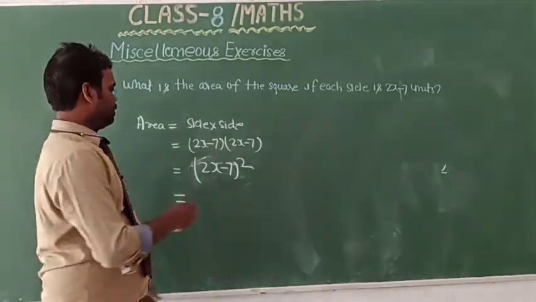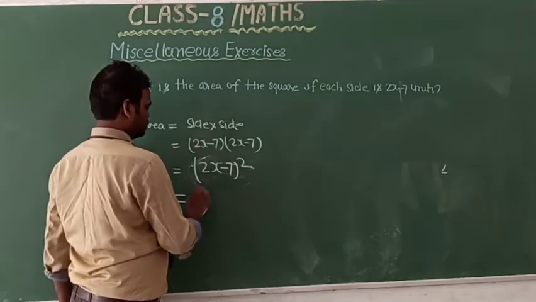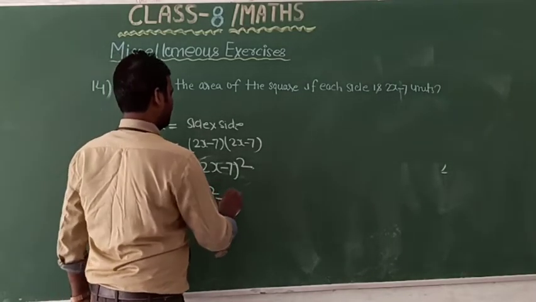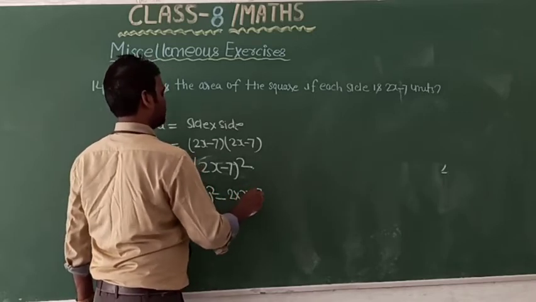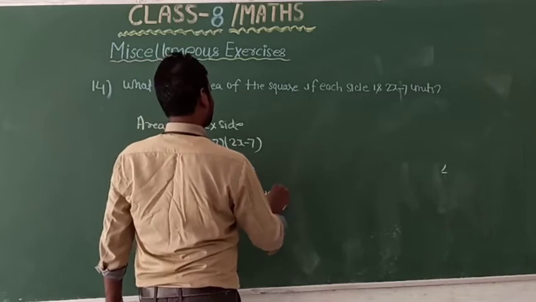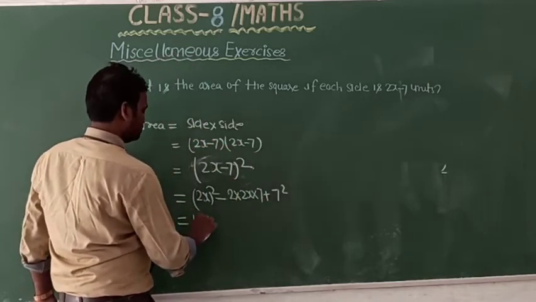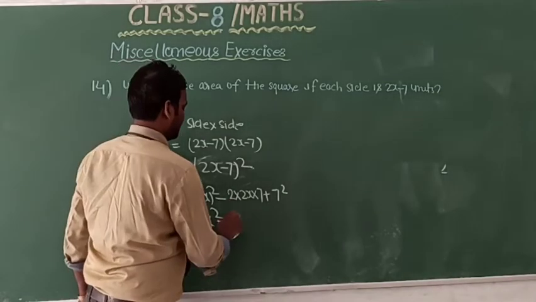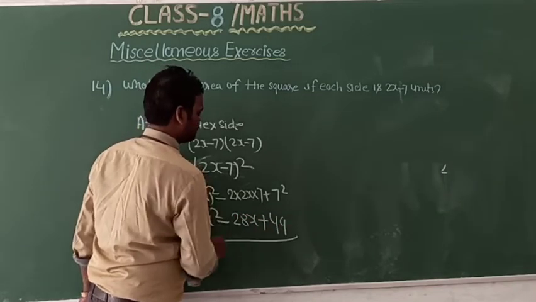Now expand by using the identity (a minus b)². So this is (2x)² minus the product of 2 into first term and second term plus second term squared. So this is 4x² minus 28x plus 49.